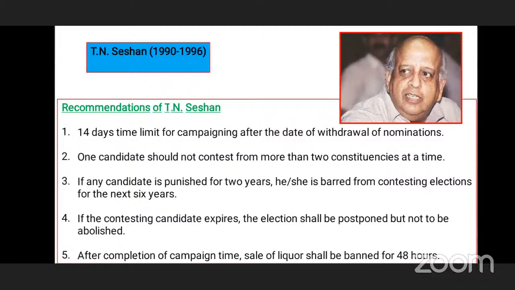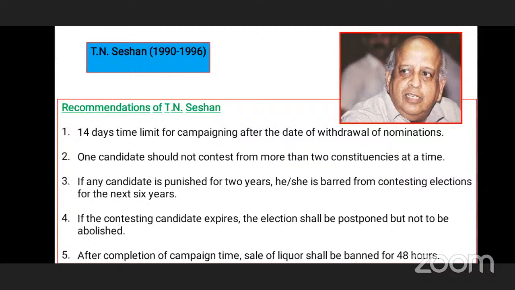For example, any candidate, particularly an accused person, punished with 2 years of punishment in criminal cases, will not be eligible to contest in the election for the next 6 years.